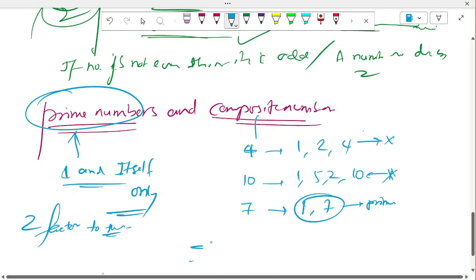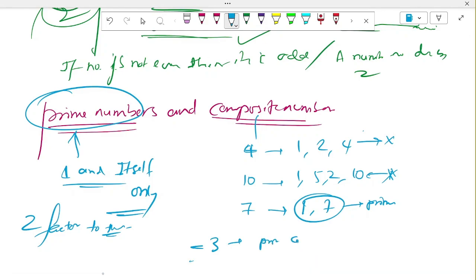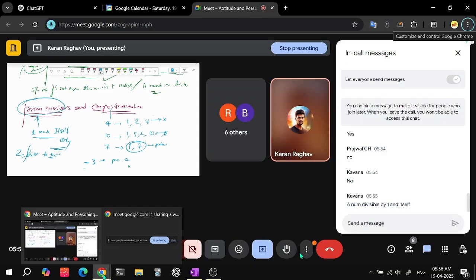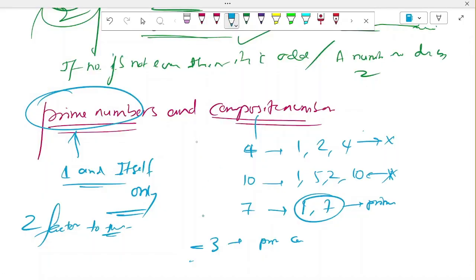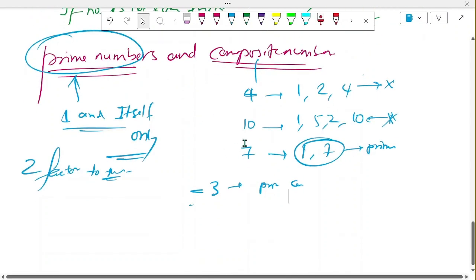Can you tell me whether minus 3 is prime or composite? Is minus 3 prime or composite? Anyone? Or you are in confusion? Actually, there is one more concept.